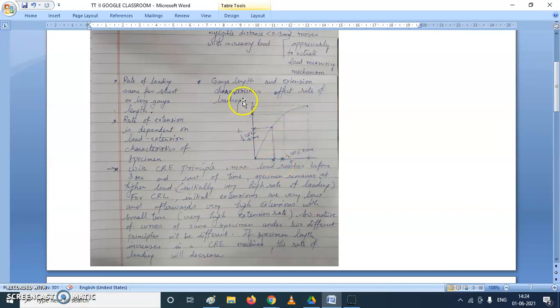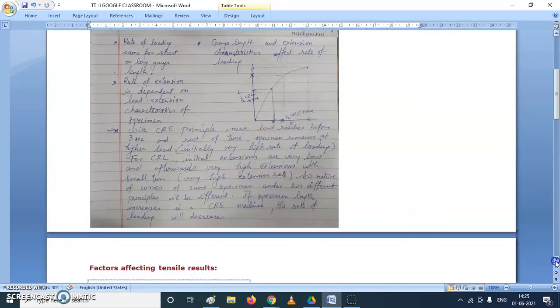But if we are using CRL, and this is the half time for CRL, up till this load, this is the 50% of load, and we are getting very less extension as compared to 50%, less than 50% extension, 30%, 20% extension. So the point to be noted here is, with CRE principle, maximum load reaches before 3 seconds or very less time, and the rest of the time the specimen remains at higher load.